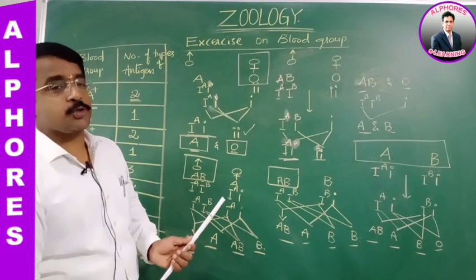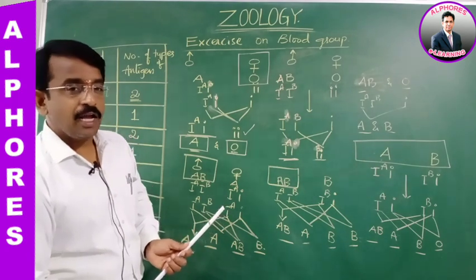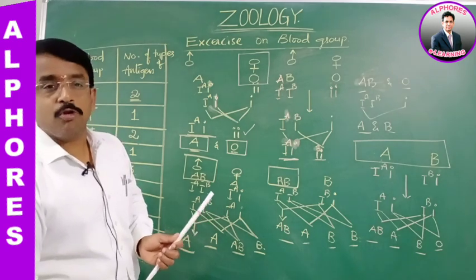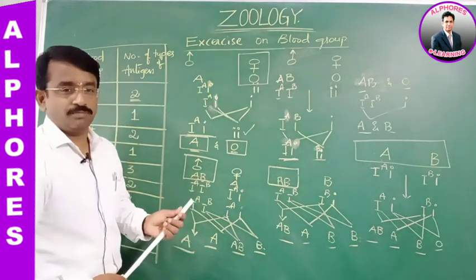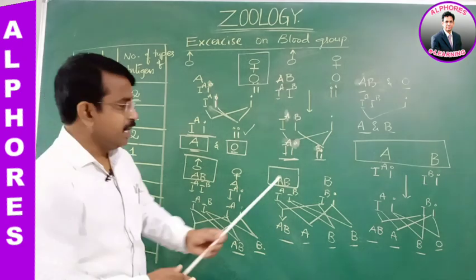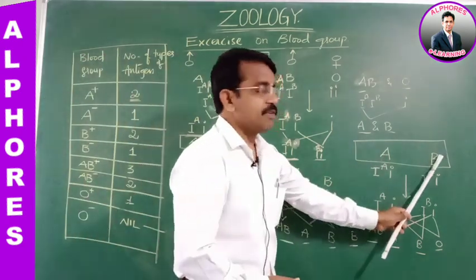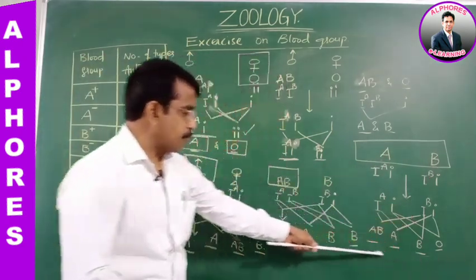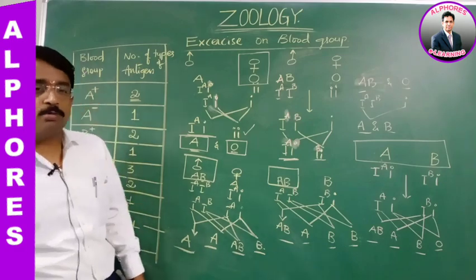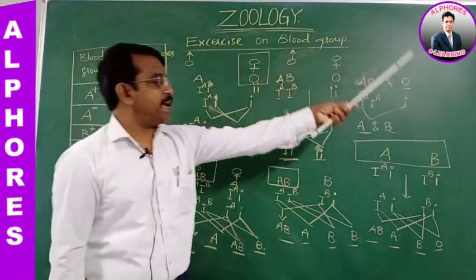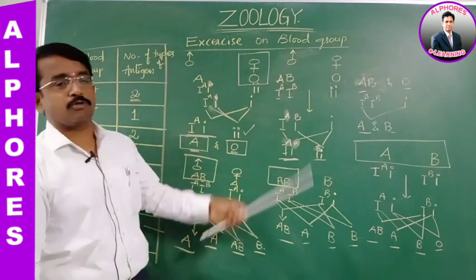So two points to remember: if one of the parents is AB, no progeny will be born with O. And if the parents are with A and B blood group, all the 4 phenotypes are produced. So this is all the exercise related to the blood group.